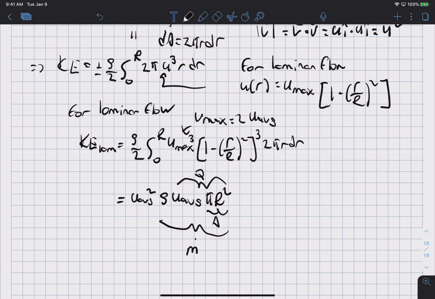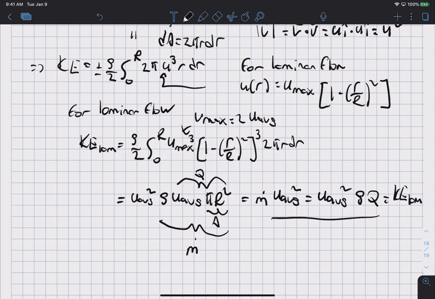This is just m dot. Okay, and so this equals m dot times u averaged squared, or u averaged squared times rho q. Okay, and that equals Ke laminar flow.